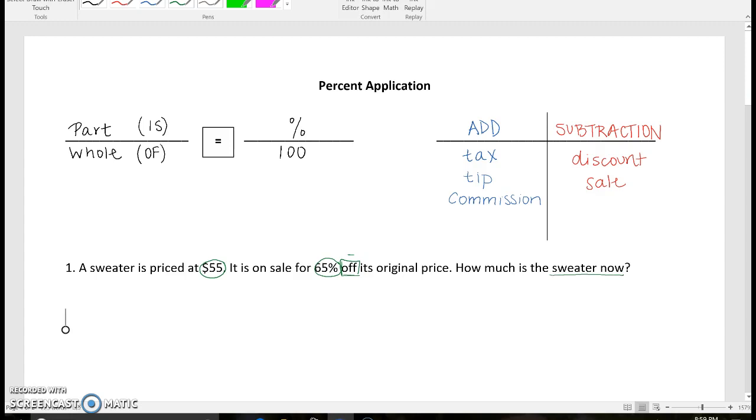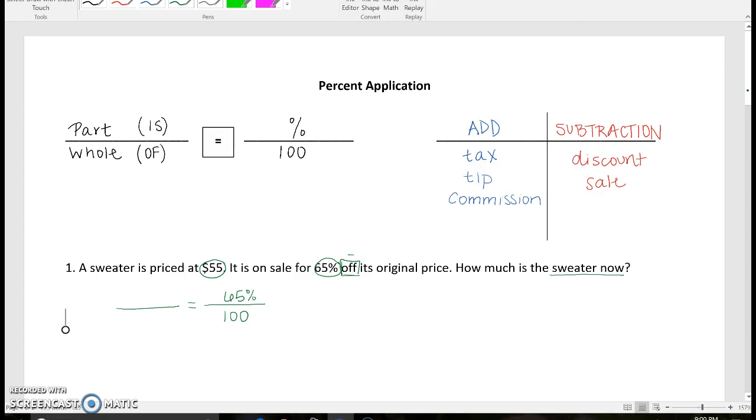Okay, so what we need to do is always set up a proportion. I know that 100 always goes here and percent goes on top. It gives me a percent, so I don't even have to think about that. I just know that 65% goes up top. The hardest part is figuring out the left side of the proportion, and it's not really hard. If I'm saving 65%, am I saving a part of your $55, or am I saving more than your $55?